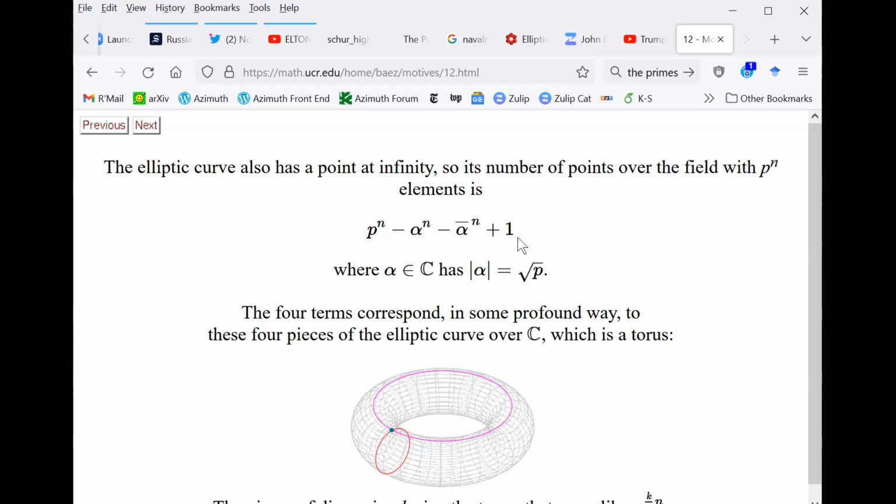There's this one point motive, and then there's this Lefschetz motive, and then there's this interesting motive here, which has, well, they use the word weight instead of dimension for motives. The point has weight 0. These guys have weight 1. The Lefschetz motive has weight 2. So this is like a half dimensional kind of phenomenon.